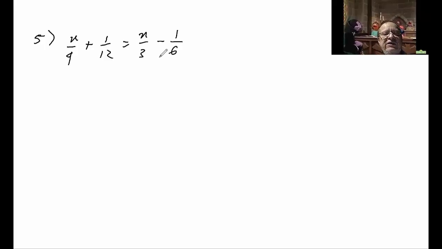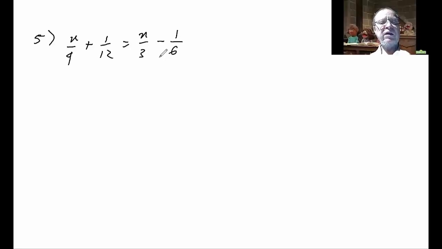So as you see, this is just a nasty fractional situation. So what we want to do is find the lowest common denominator, and as before, we're going to clear the fractions so we don't have all that nastiness to deal with.